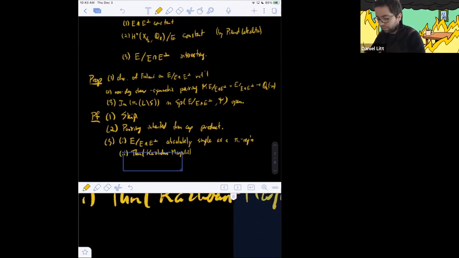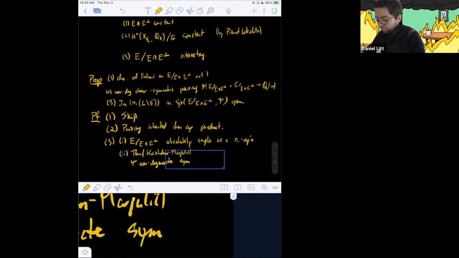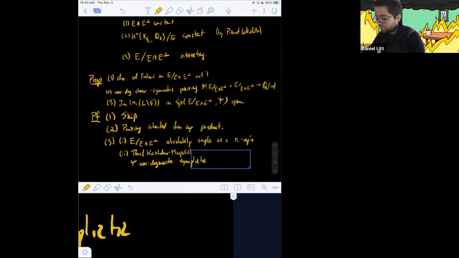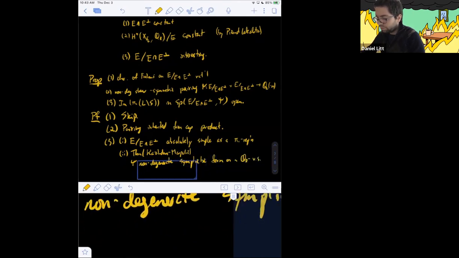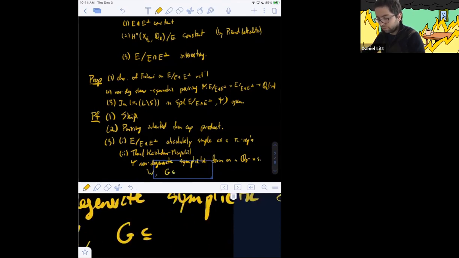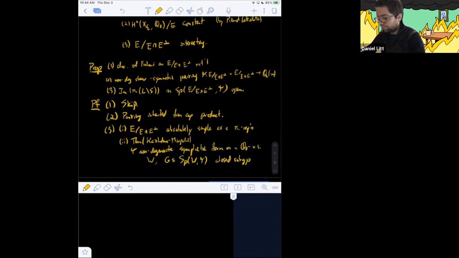Suppose that C is a non-degenerate symplectic form on a vector space W, and G is a closed subgroup of Sp(W, C), with the following properties.